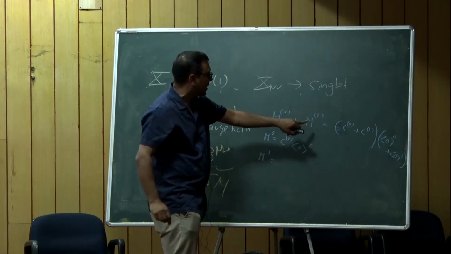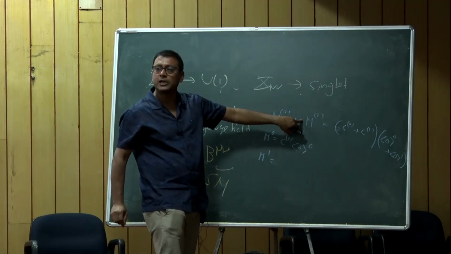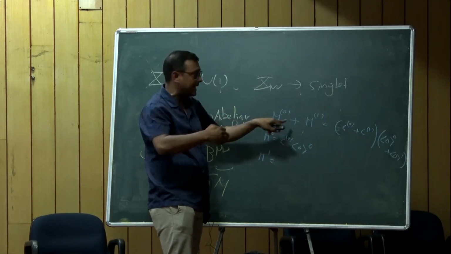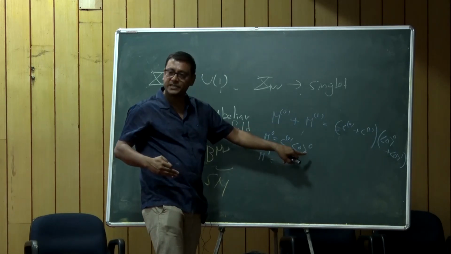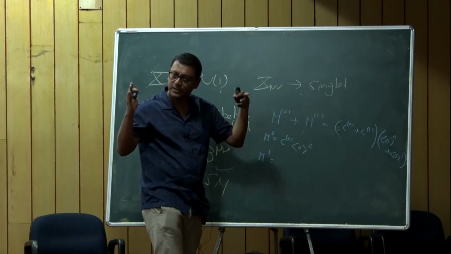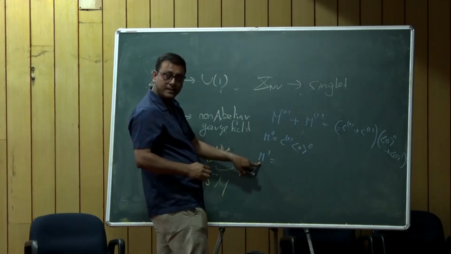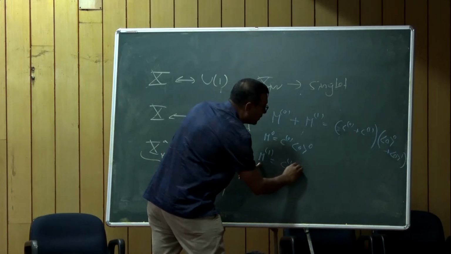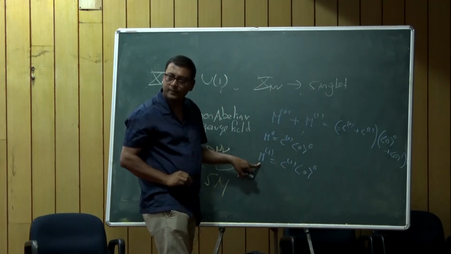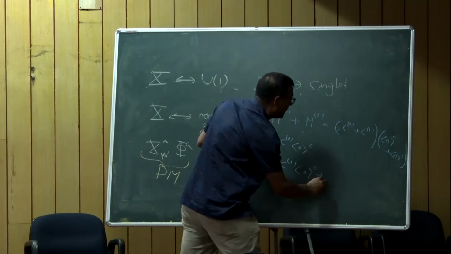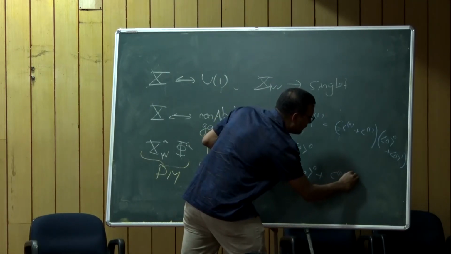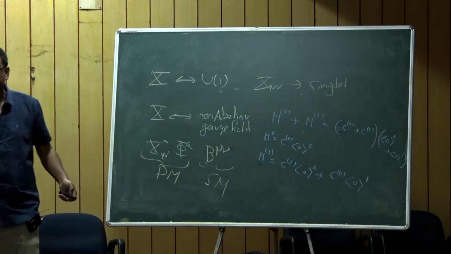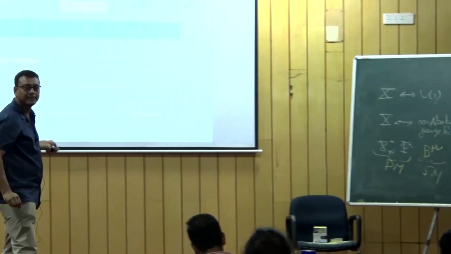Fixed order means this order you are matching, and this order also you are matching. So that means the same coefficient, similar coefficient I should equate, right? So that means M1 should be equal to C1 O0, right? And then you have C0 O1, okay. That's one of the terms I have written down here, okay.